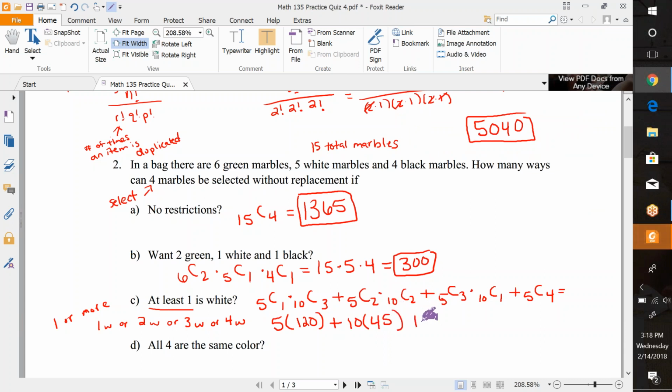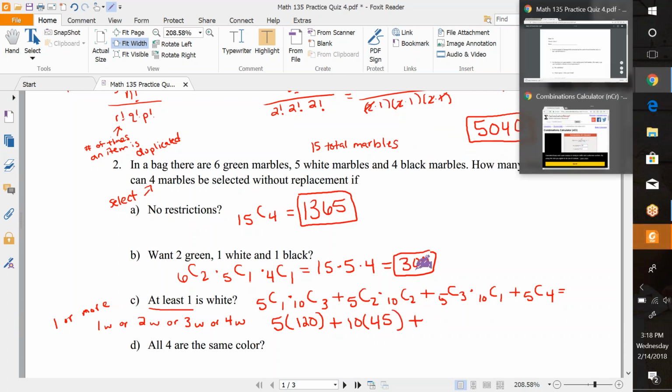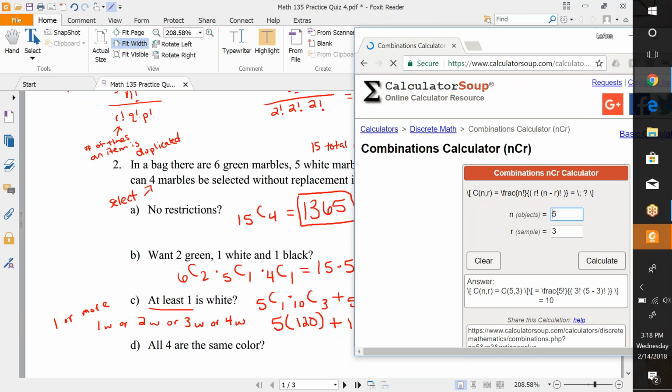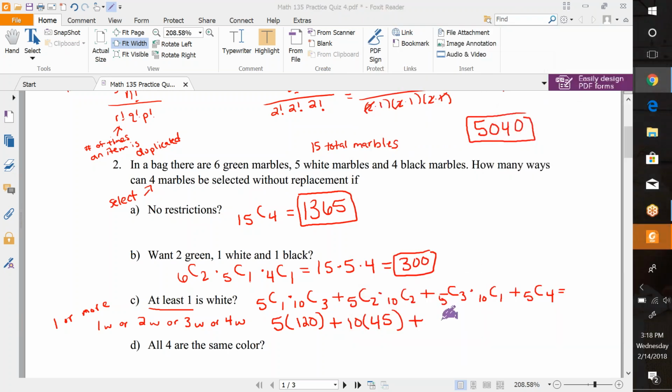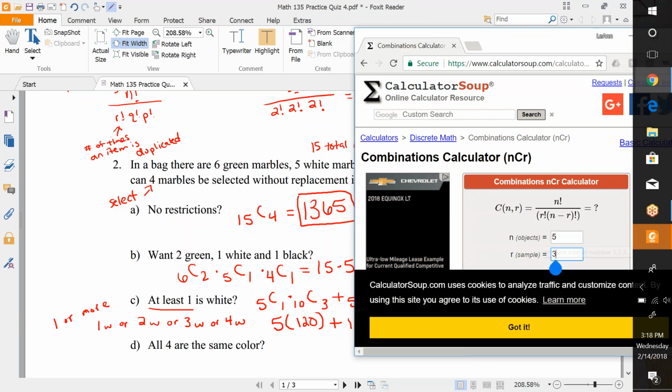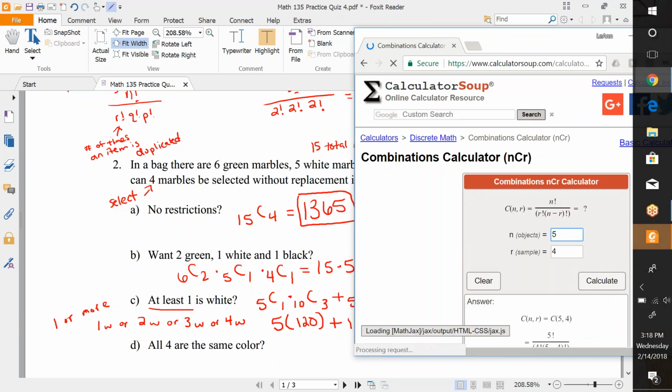And then we need to do plus, and then we'll have 5 choose 3, which is 10 again. 10 choose 1 would just be 10. And then we have 5 choose 4, which is also going to be 5.